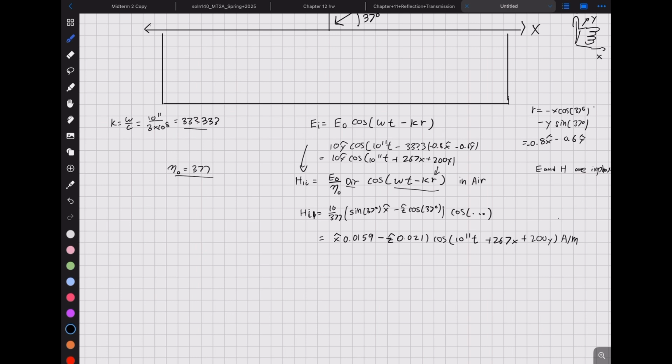You could change it to milliamps per meter, but I like keeping it in amps.